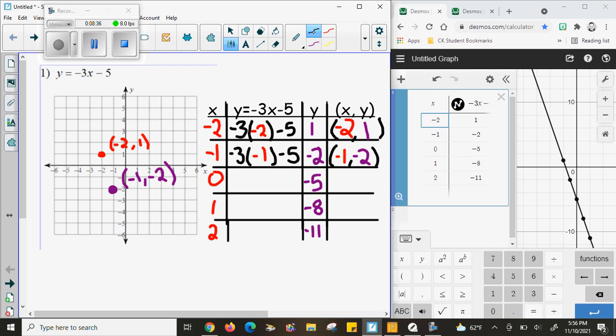So I have my ordered pairs of 0, -5, and 1, -8, and finally 2, -11.